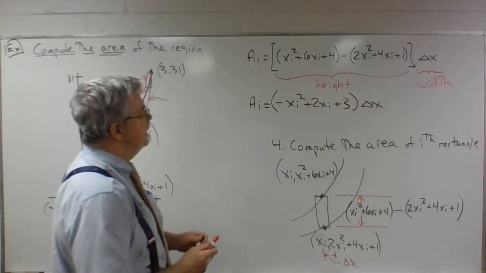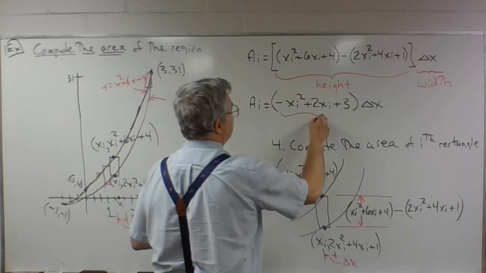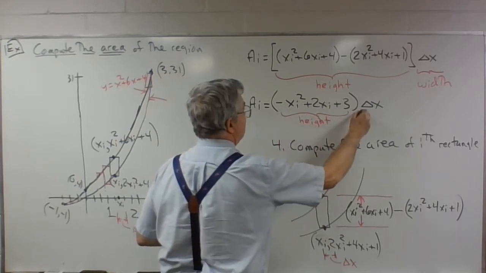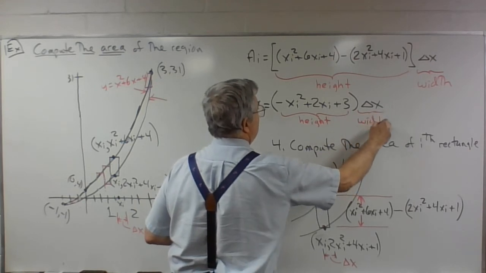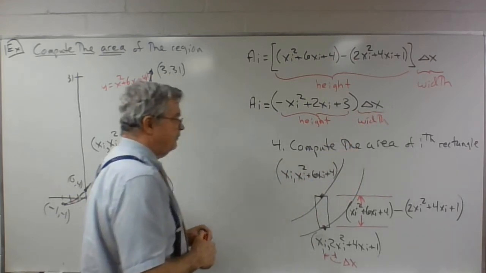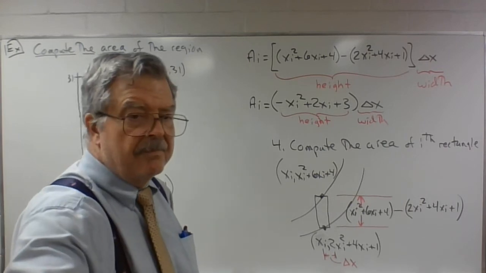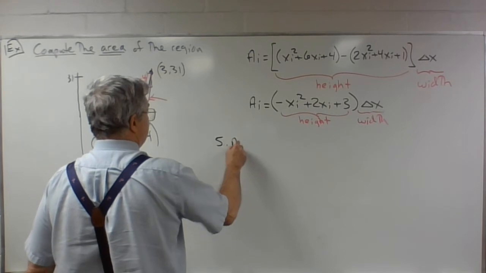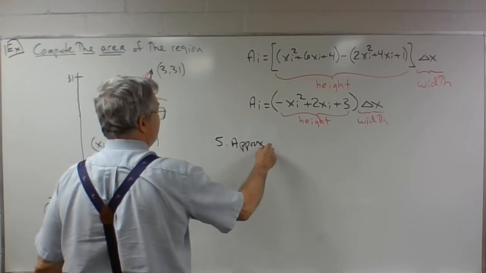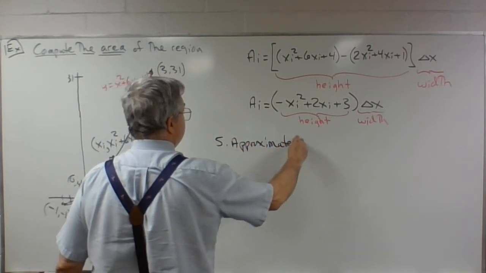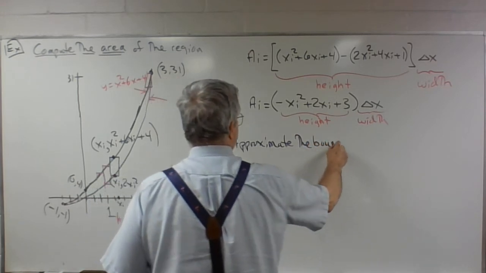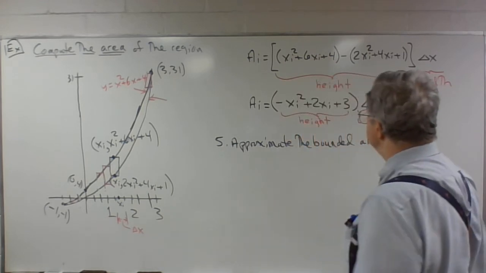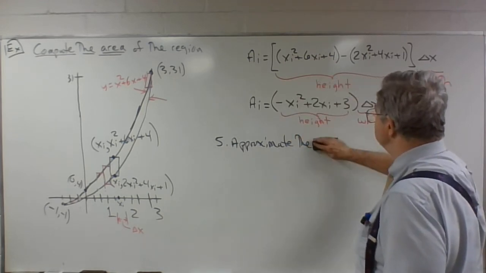So when we simplify the height, this is what it is. Let's see, approximate the area of the bounded region.